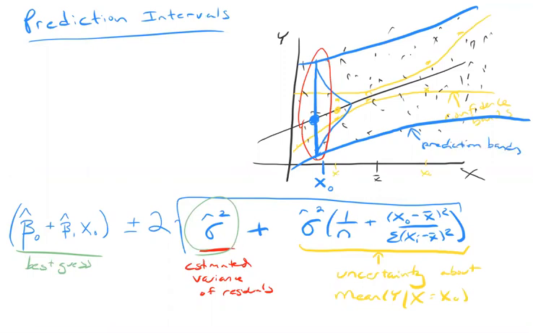These prediction bands are still a little narrower near x bar and a little wider elsewhere, and that's because I still have this part here where I'm taking into account how far x naught is from x bar, but that amount is now minor relative to this very big value here, which is reflecting the amount that the actual y values vary from the line. In other words, the residual variance itself is now overwhelming my uncertainty about the line.